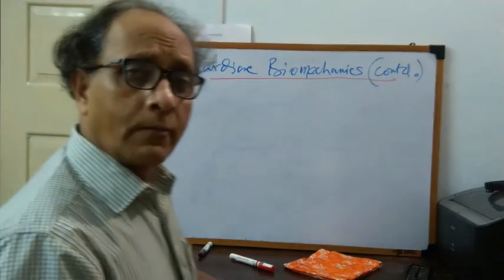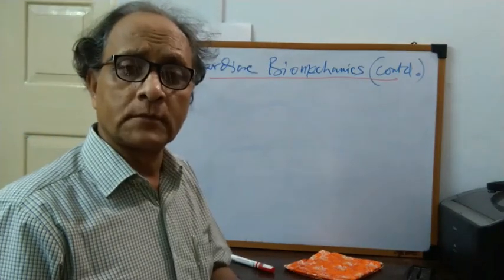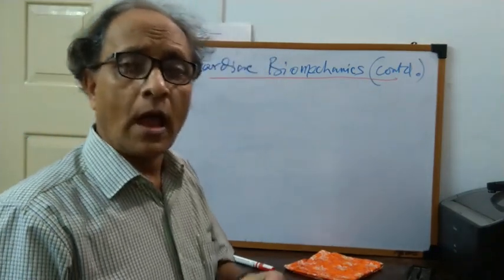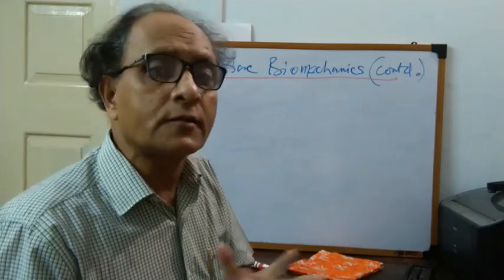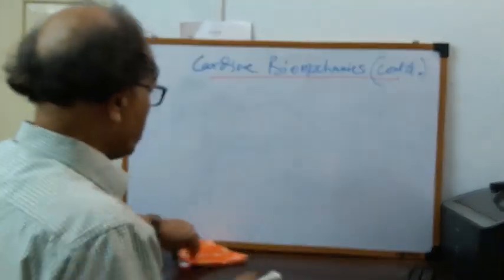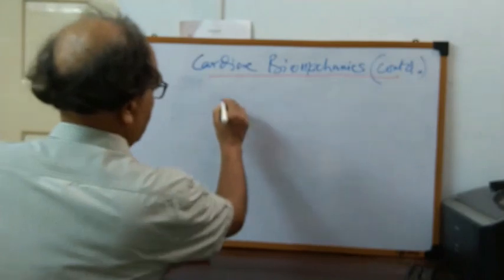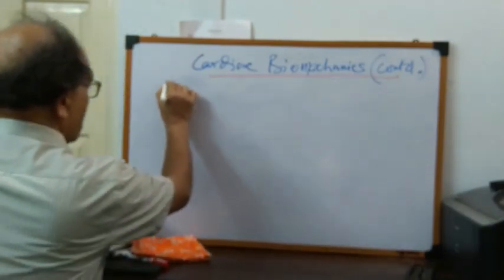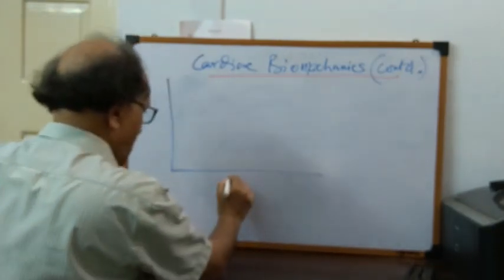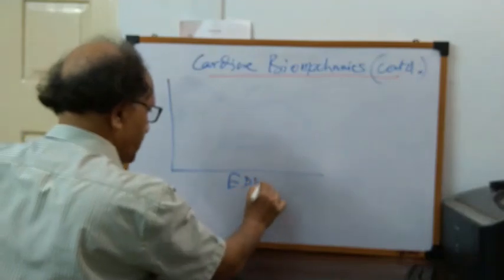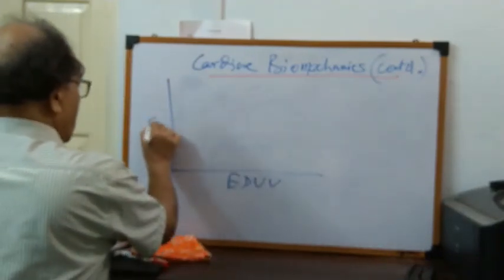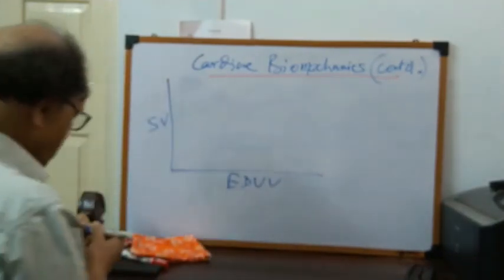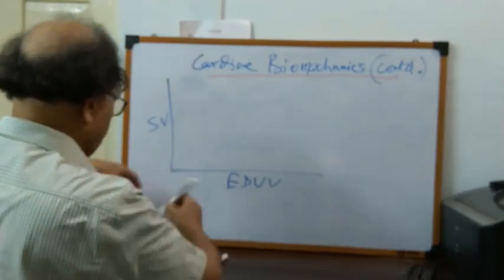When we discussed the isometric contraction and resting length tension relationship curve, we described a curve like that. Here it was EDV, here it was SV, and we have drawn the curve like that.